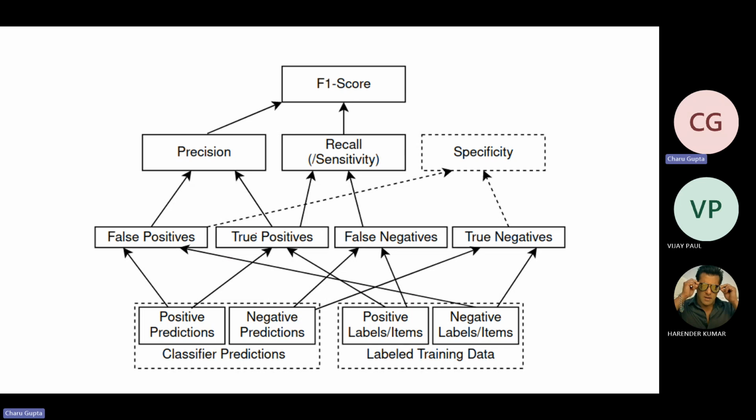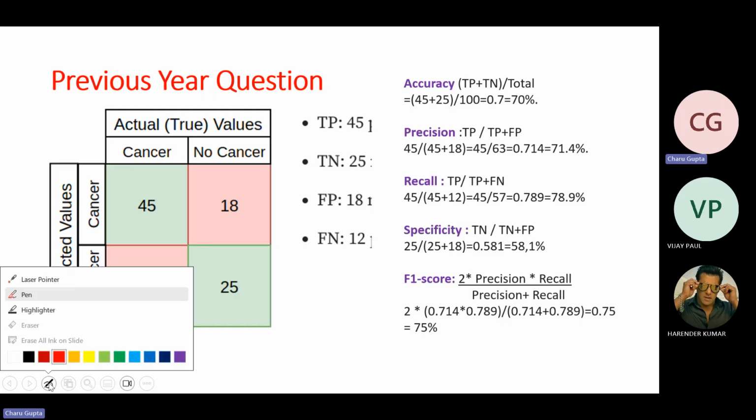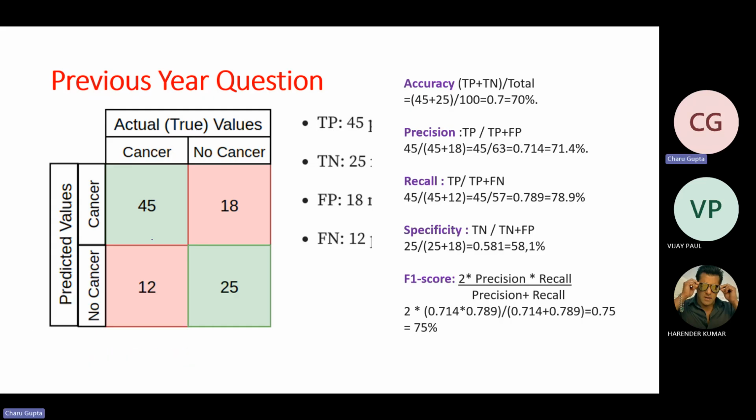This I'm skipping, and this is not required. So let us do one single question. Here in this question, I have this confusion matrix wherein the actual values and the predicted values. The algorithm has predicted 45 as cancerous patients, and the actual ones were also cancerous.